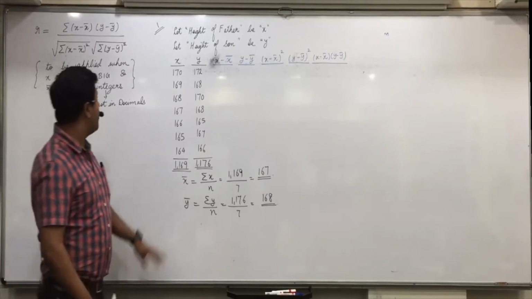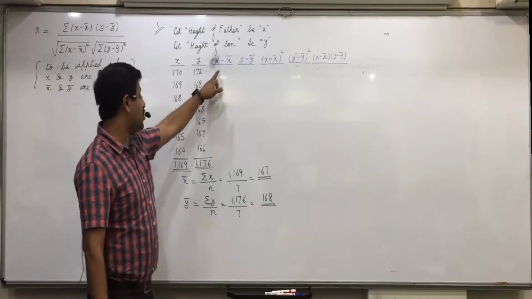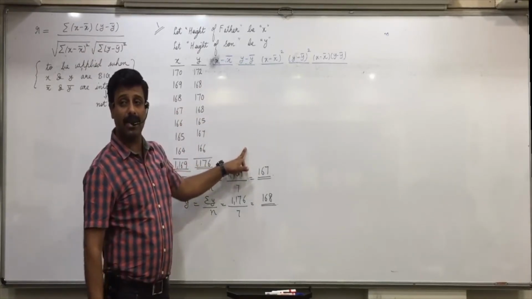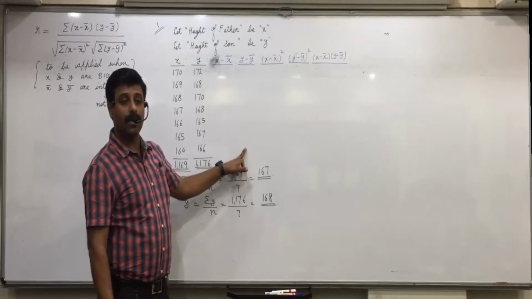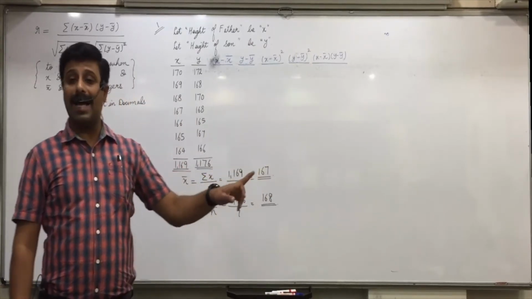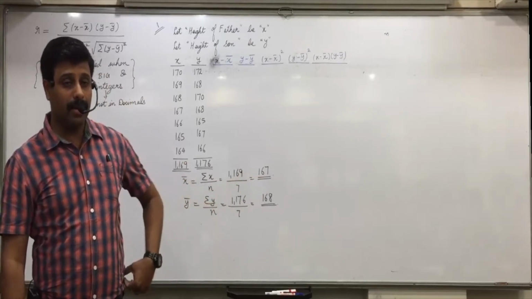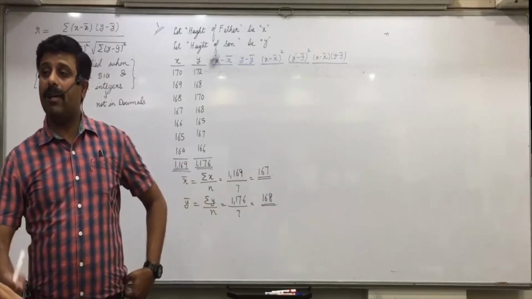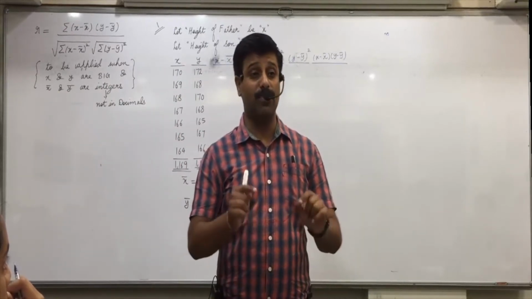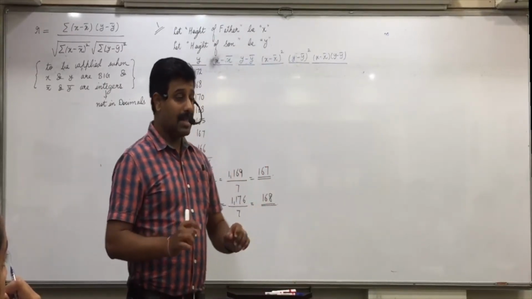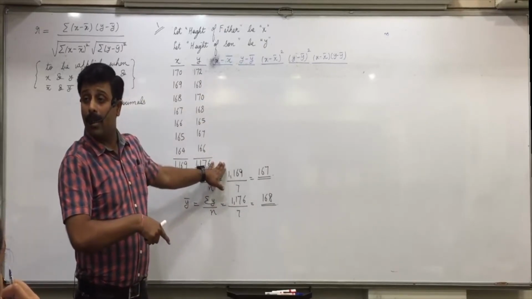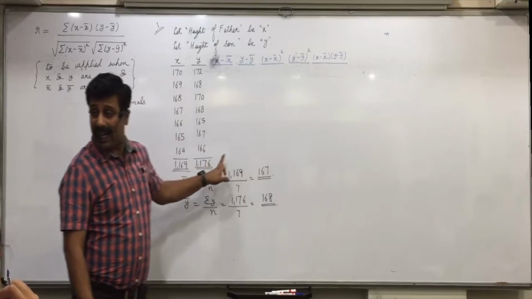Can't we take sigma x minus x bar times sigma y minus y bar, as the total of this into the total of this? This was asked in the other batch, that's why I'm asking you. No. Last year we studied one property. What is the sum of deviation of all the observations from the arithmetic mean? 0. This property we studied in mean. Sigma x minus x bar will always come 0, and this will verify also. Before proceeding further, verify whether it comes 0 or not.